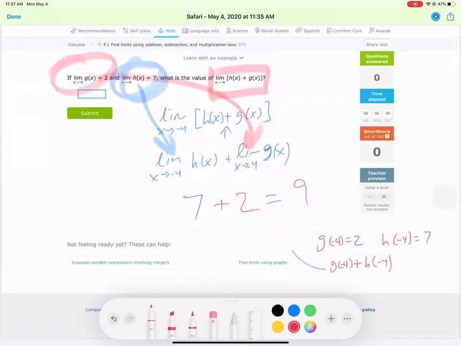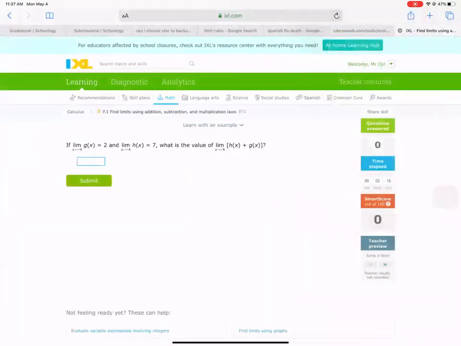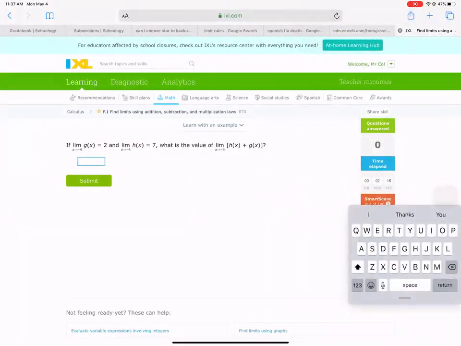The only difference is that instead of plugging in the 4 first, they said to call their limit. What could it have looked like? We said it was 9, right?